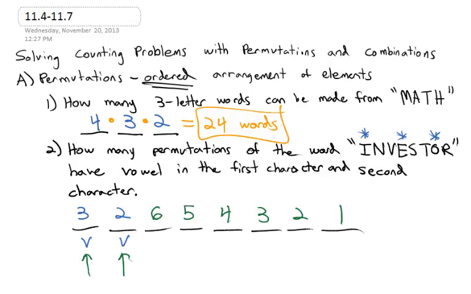And so basically we fill this in following the rules given to us in the problem, and then we multiply 3 times 2 times 6 times 5 times 4 times 3 times 2 times 1, and we do that on our calculator. And when we multiply it all out, there are 4,320 different ways to rearrange the letters of investor, where the first two characters are vowels.